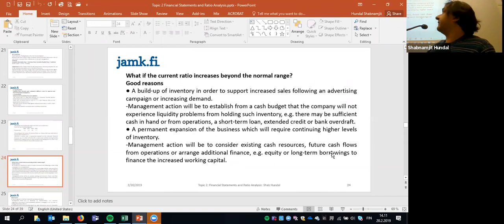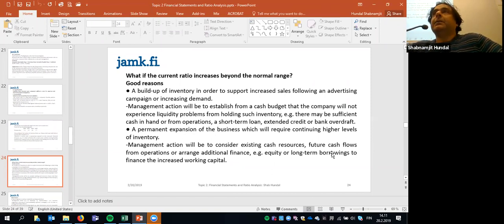There are some good reasons for a high current ratio. It shows that a build-up of inventory is good. Inventory is a current asset.